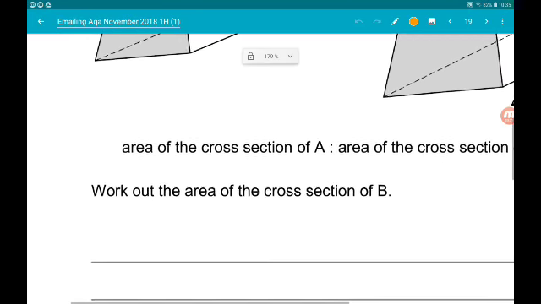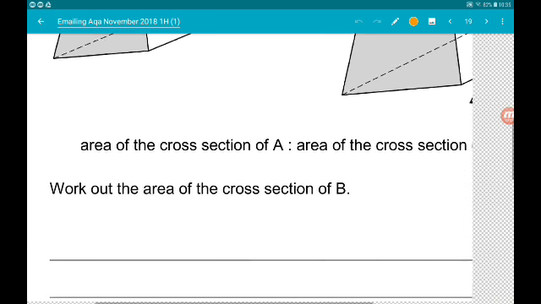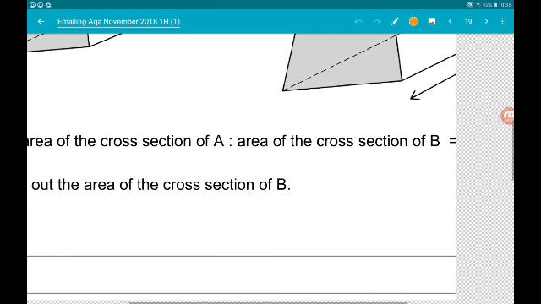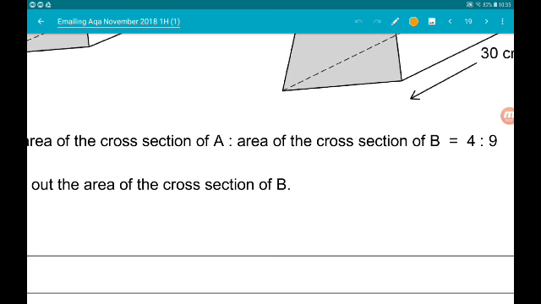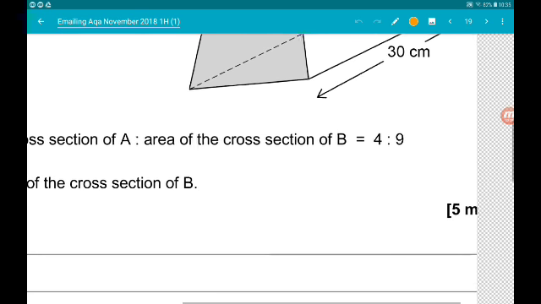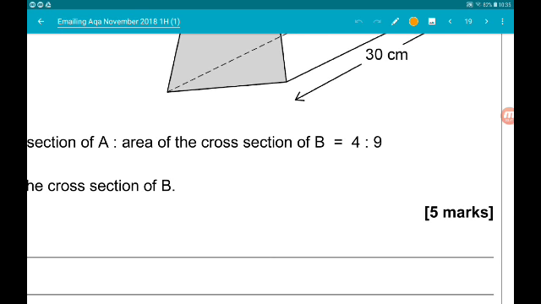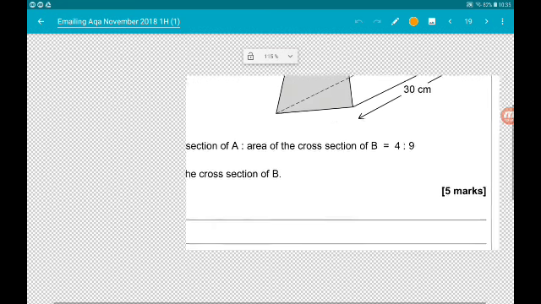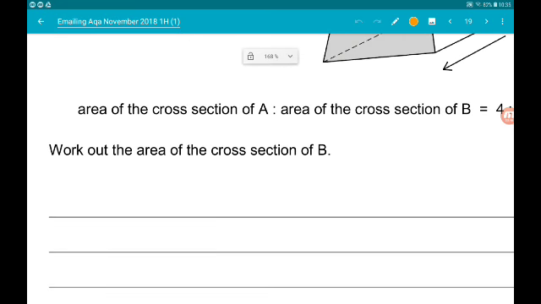We are also told the ratio of the area of the cross section of A to the area of the cross section of B is 4 to 9.